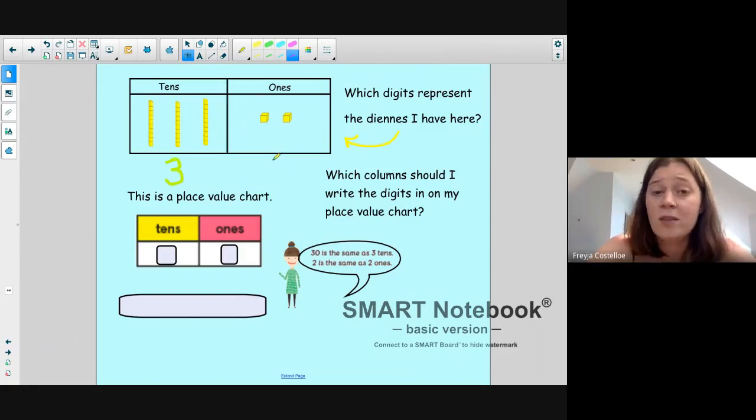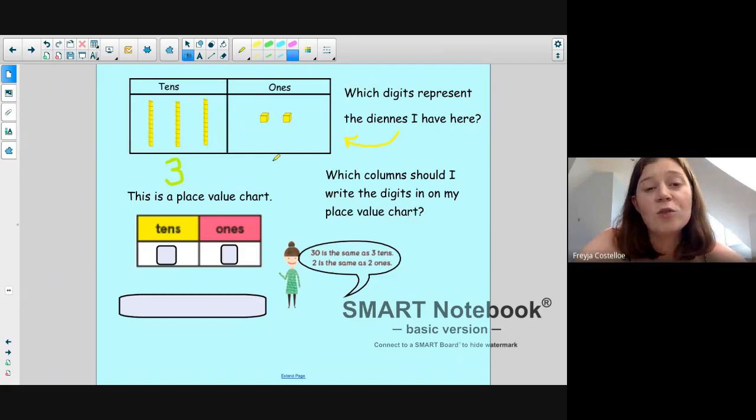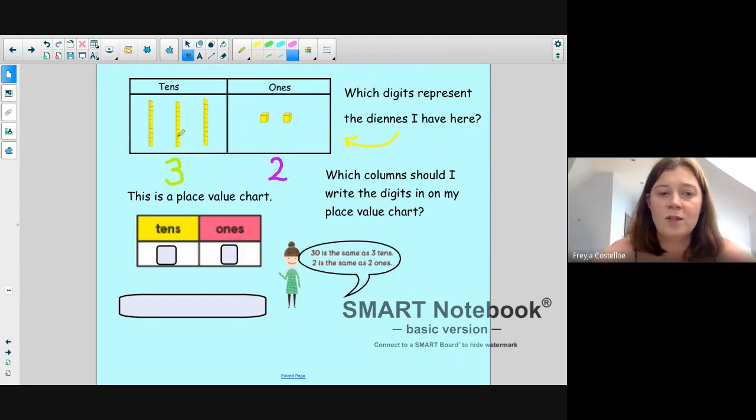I've got 2 ones. So which digit is going to represent those 2 ones? Is it going to be a number 1? I hope you're shaking your heads because it's not going to be a number 1, is it? Because I've got 2 ones there. So I am going to use the number 2, the digit 2.